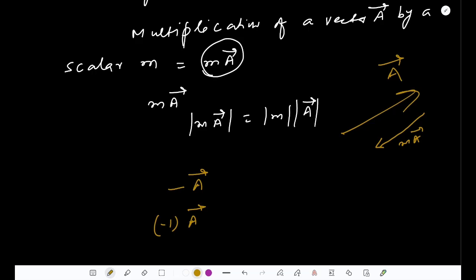So vector A and minus vector A may have different lines of action, but their directions must be opposite, and of course their magnitudes are going to be the same, their lengths should be the same, because the magnitude of minus vector A and the magnitude of vector A are the same. So negative of a vector is a scalar multiple of the vector, and in this way we define the negative of a vector, nothing else.